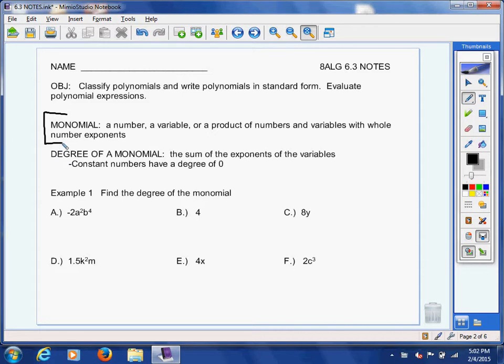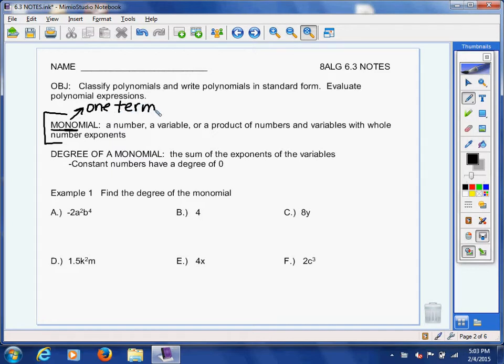I actually wrote it out for you, gave you a definition so you would understand the parameters of what is considered a monomial. Now, you can see hopefully the root word here, mono. Mono typically just means one. So a monomial is just a single term.